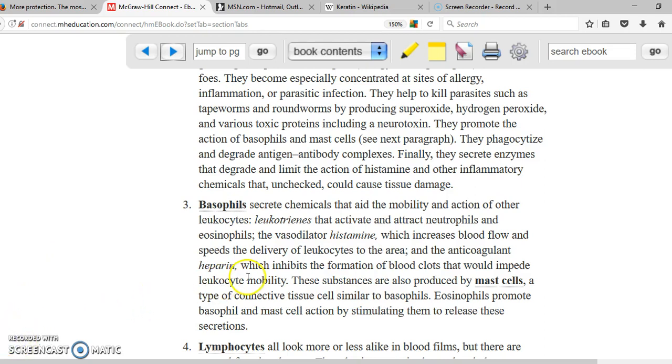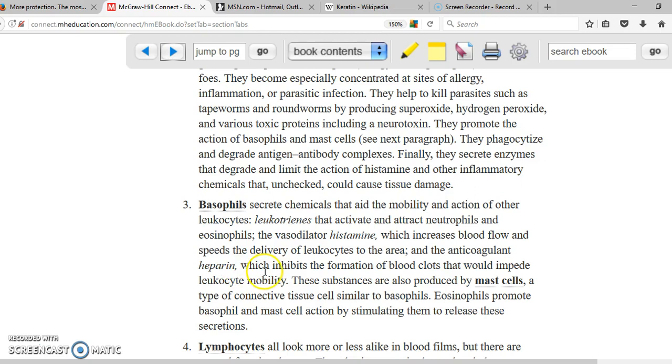Some of the chemicals that the basophils as well as the mast cells are going to produce are histamine. Histamine is a very potent vasodilator that will allow increased blood flow into the areas of infection, so more white blood cells can go in there. Also heparin, which is going to avoid blood clotting. Since you don't form blood clots, then there's no stoppage in the flowing of blood, and therefore there's no stoppage of the white blood cells reaching the area of infection.